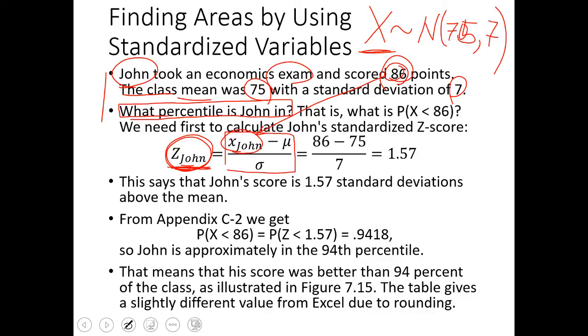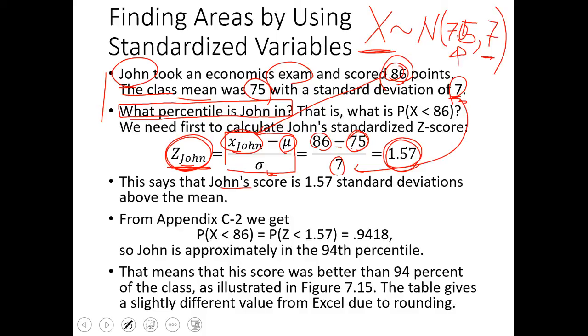The z-score of John's exam is 86 minus 75, the mean, divided by 7, the standard deviation. Then we obtain the z-score 1.57 for John's score.